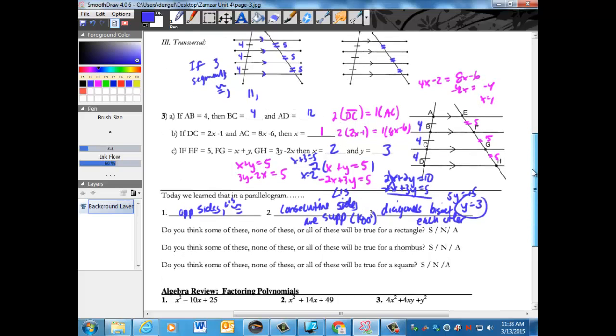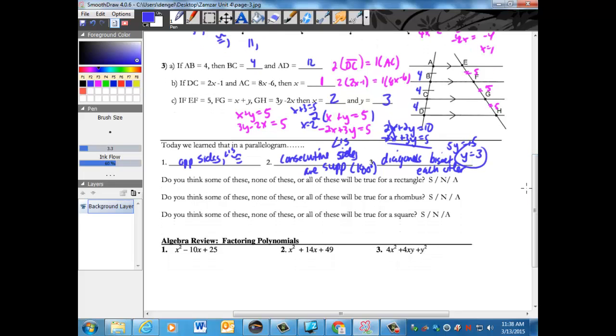All right, next, do you think that some of these, none of these, or all of these will be true for a rectangle? Well, again, if we were starting with mammal and we went down to certain types of animals, they're all going to have certain characteristics of mammals, like having hair.